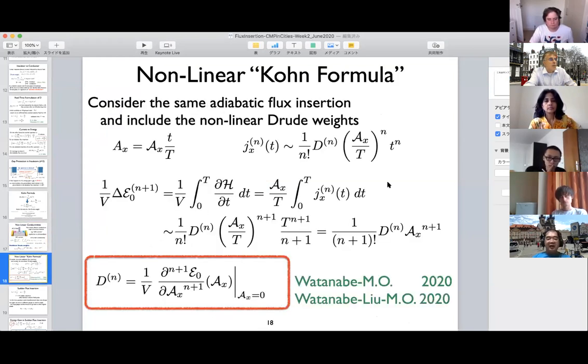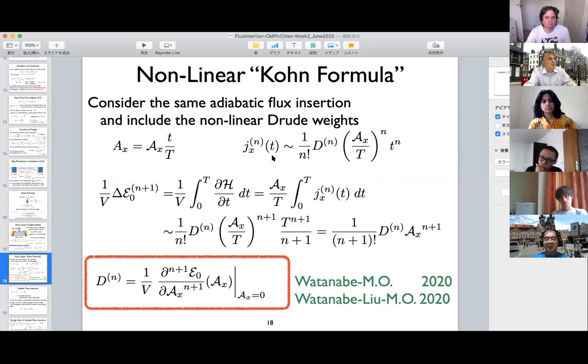Then I can repeat basically the same analysis. That is, I do the adiabatic flux insertion according to the same linear schedule. But now I can include the nonlinear part of the current, which is proportional to the nth power of the electric field.